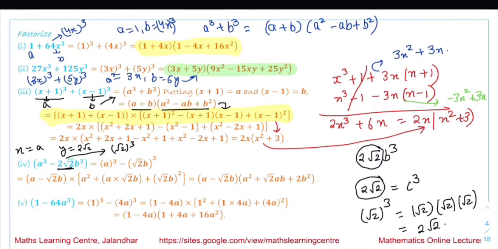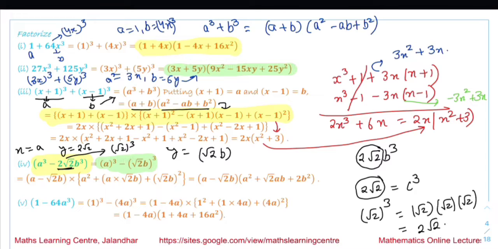So the value of y you will get is square root of 2 times b. Now the expression we were having, a cube minus 2 root 2 b cube, changes to the form a cube minus (square root of 2 b) cube. On this you can apply the formula and substitute the values over here.